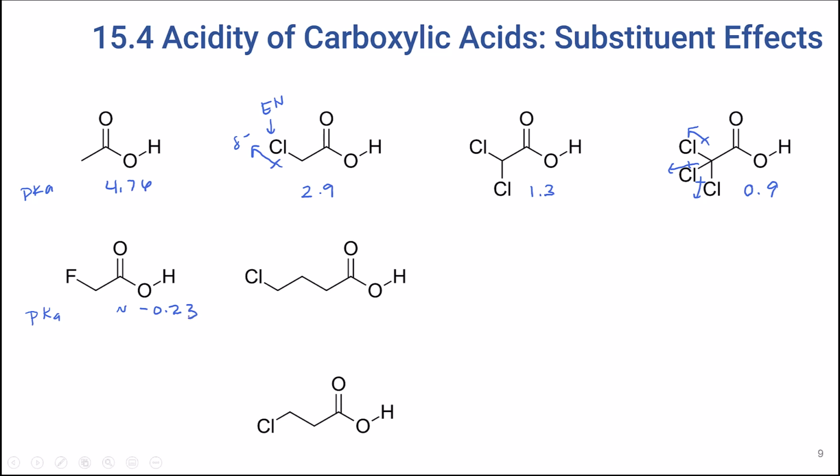And if we have a chlorine that is further away, so this is 2 carbons away, that does not have as great of an effect. The pKa is about 4.5. And then when it's a little bit closer, but not as close as this one up here, this is 4.1. So the substituents matter. So electronegative substituents make it more acidic.